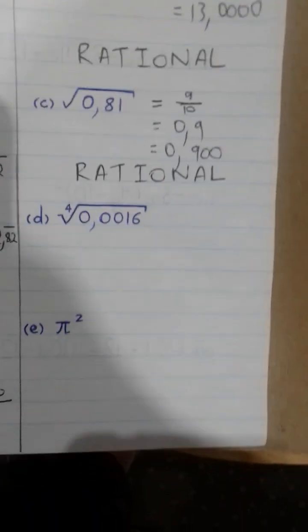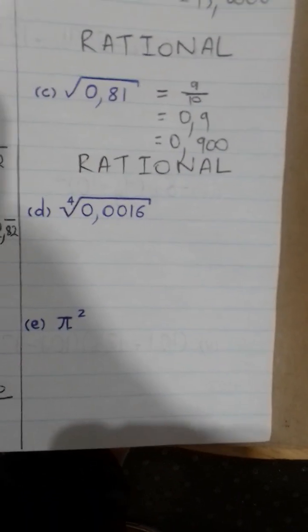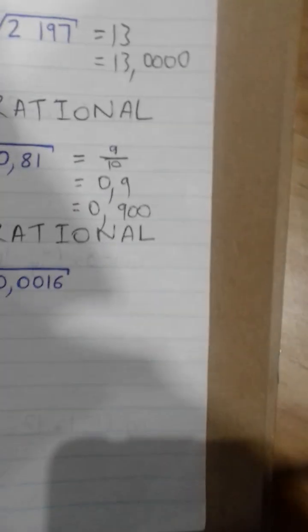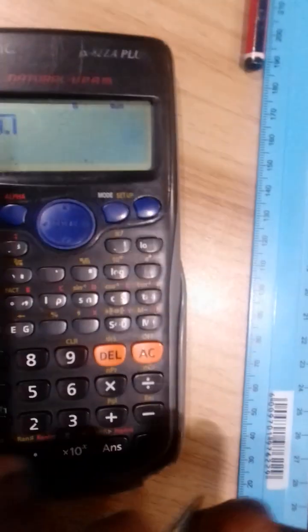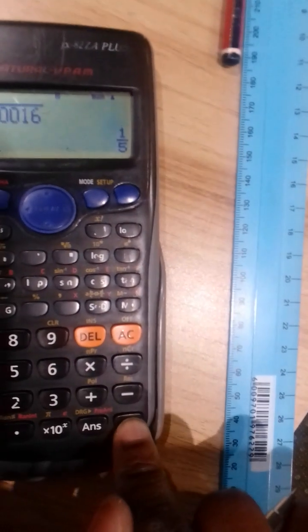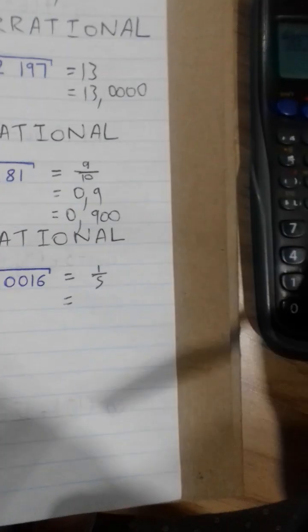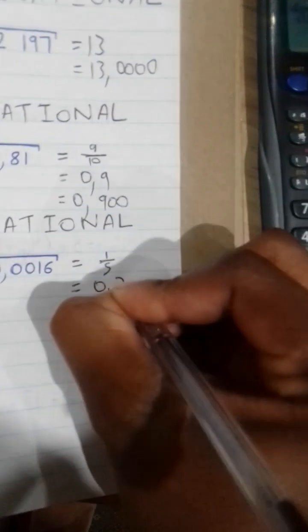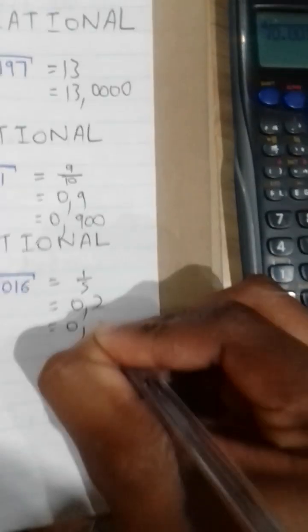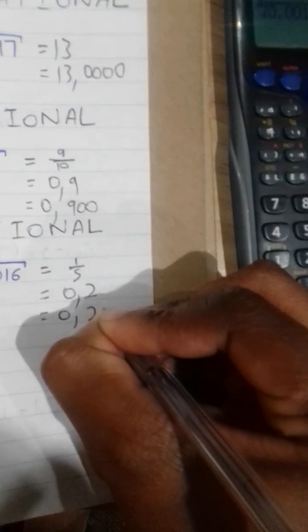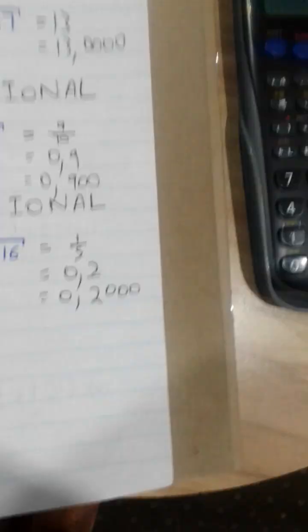Okay. D, the fourth root of 0.0016. The fourth root of 0.0016. I'm getting it's 1 over 5, which is 0.2, which is 0.2000.